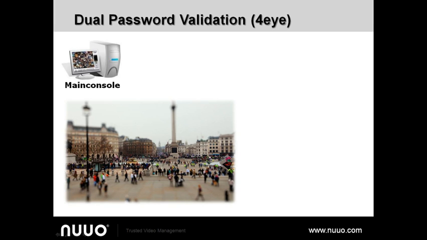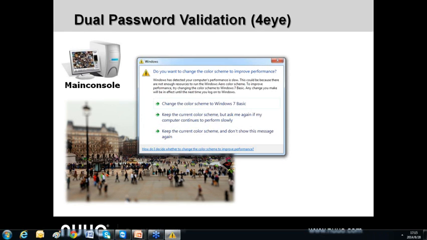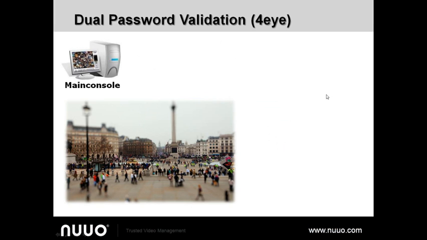The 4i means that if an operator or security guard needs to check the playback in the Mainconsole system, it will require at least two people to approve and input their own passwords to access the NUO playback system.